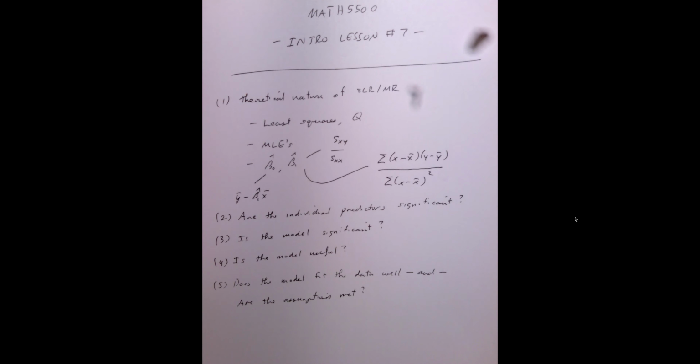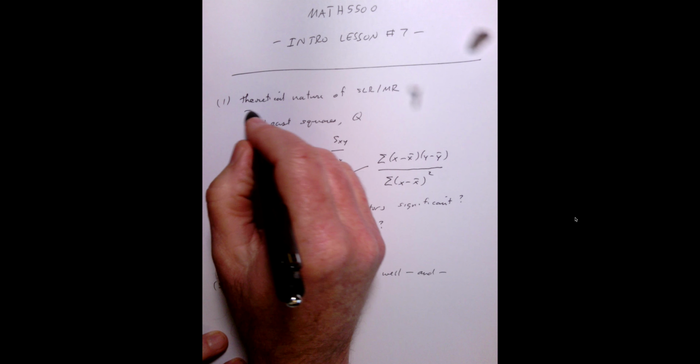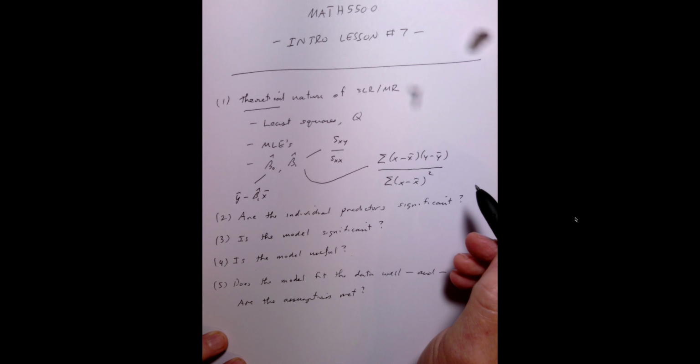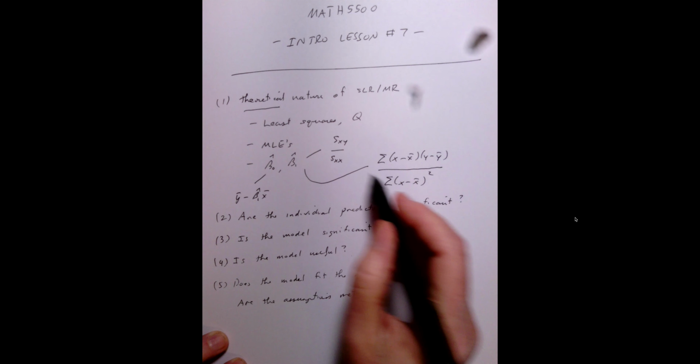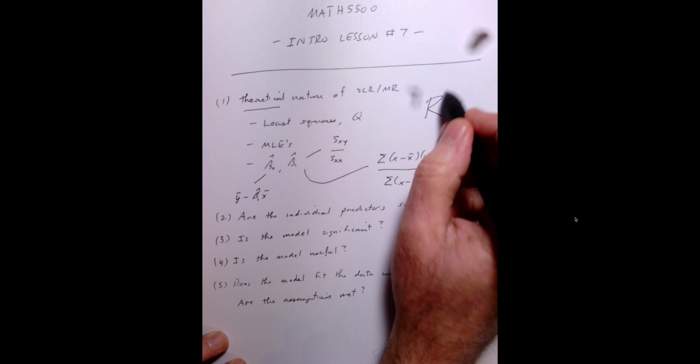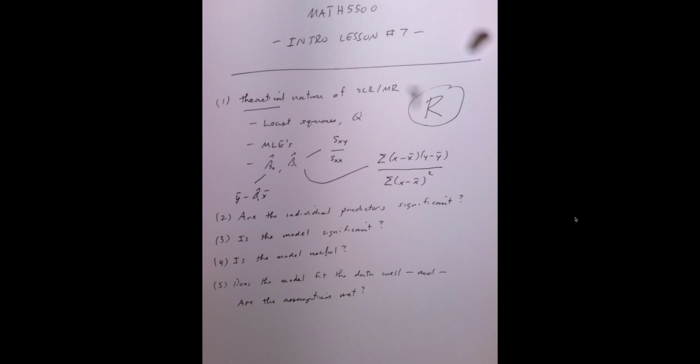Okay, let's pump the brakes. Again, that's the theoretical basis for simple linear regression and multiple regression. But for the most part, if we want these values, we're going to use some technology. In this class, we use R. Some people may question using a statistical package, but I don't know of a master's or doctoral level program in statistics that doesn't require learning a statistical language, a programming language.